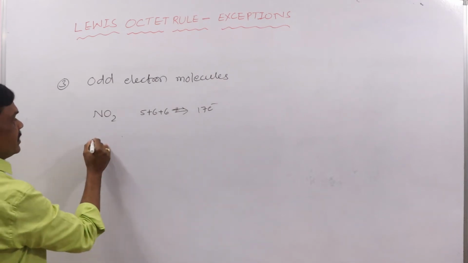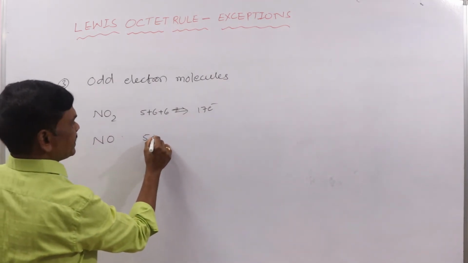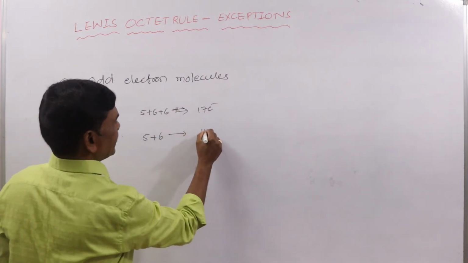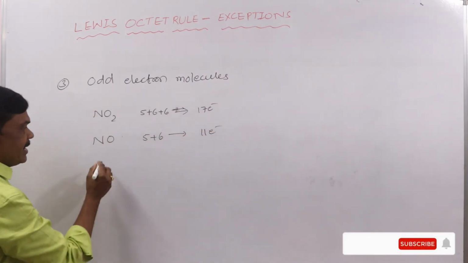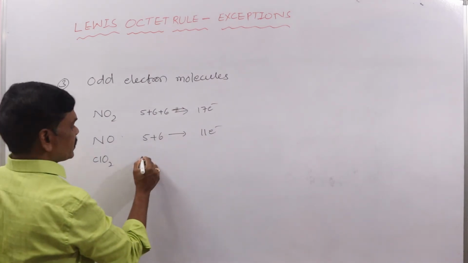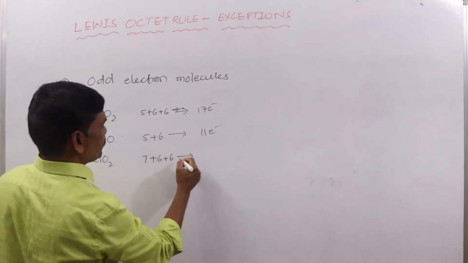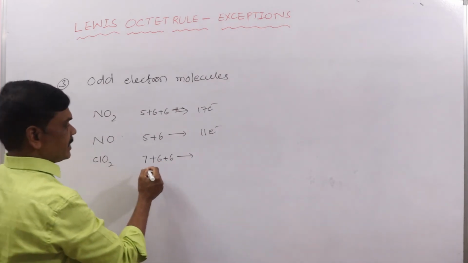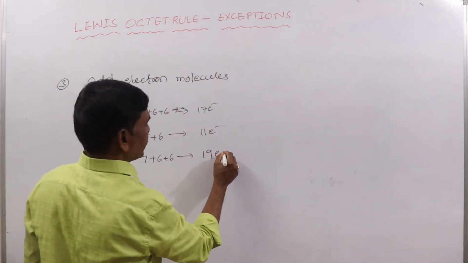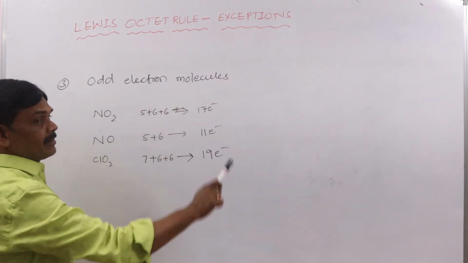The next one is NO: 5 plus 6, so total 11 electrons. The next one is ClO2: chlorine 7 plus 6 plus 6, 12 plus 7, 19 electrons. So these are the odd electron molecules.